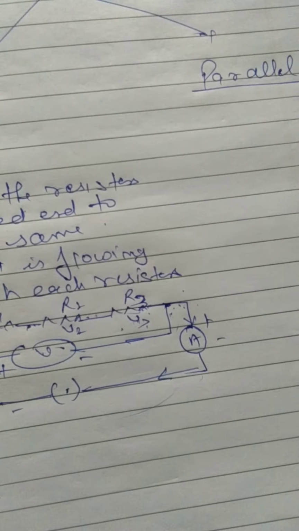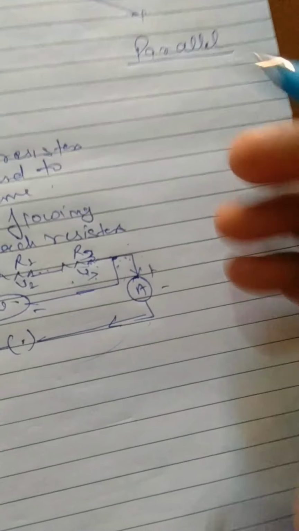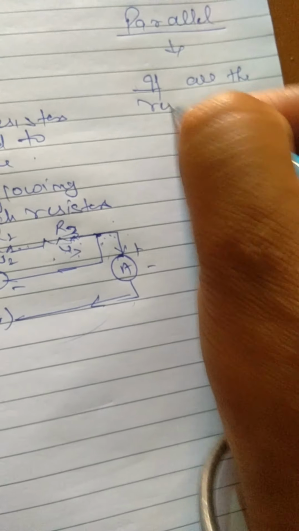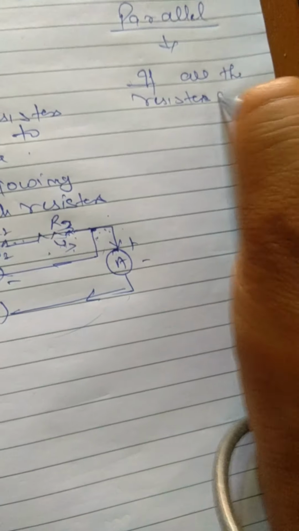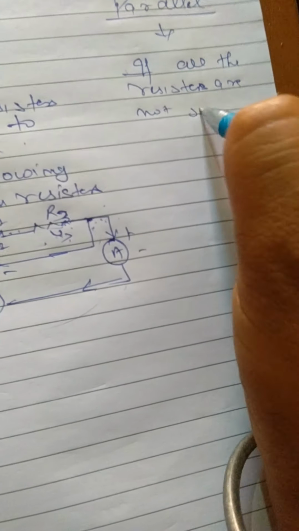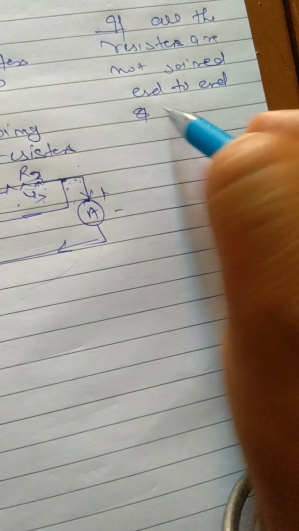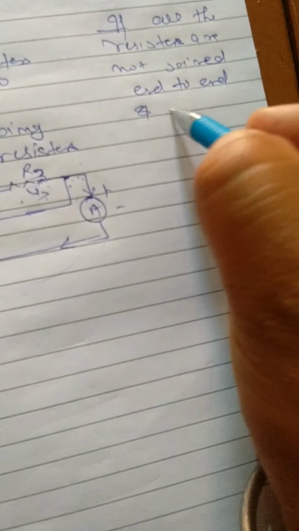Second one is the combination of parallel. But what is parallel? If all the resistors are not joined end to end, but here the voltage is same across each resistor.